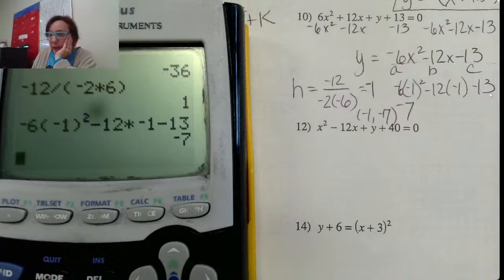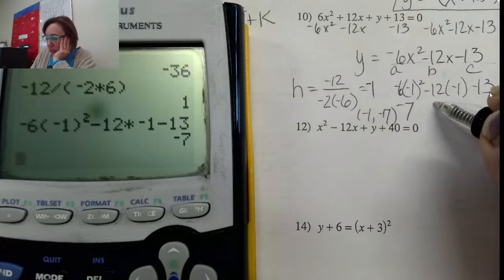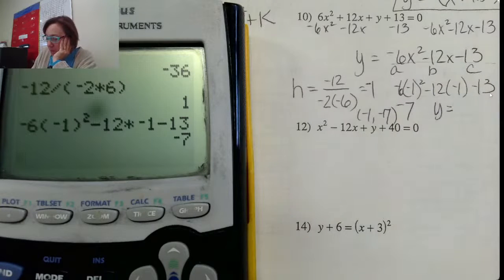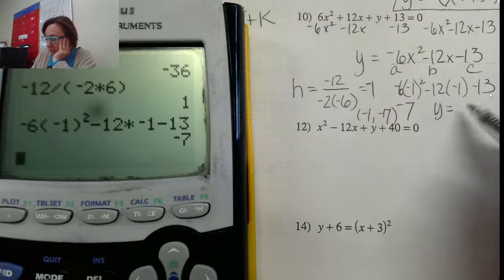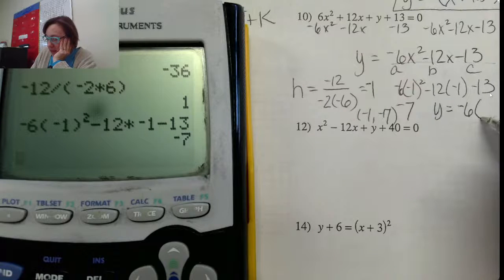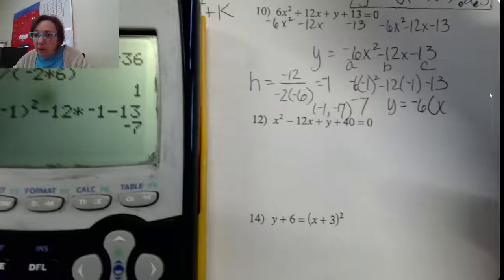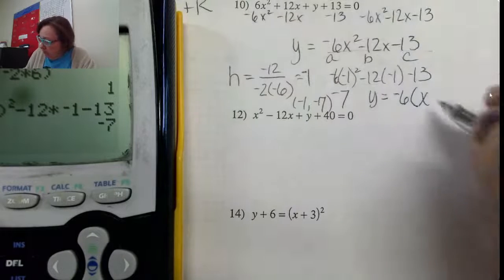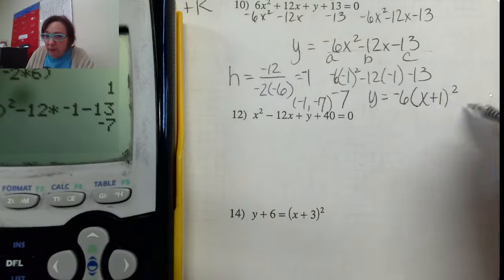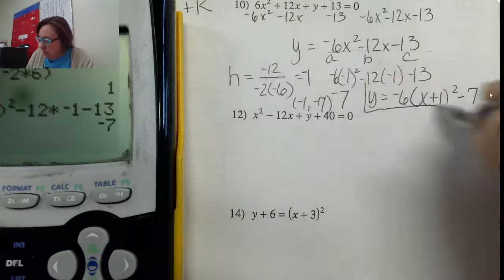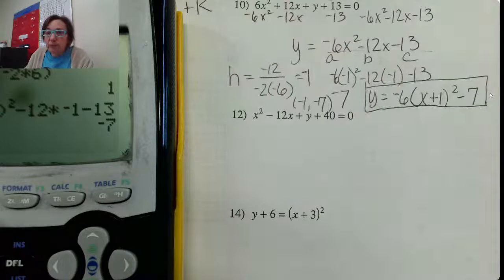And so when we get ready to write our vertex form, we're going to have y equals, what was our a? -6, parentheses, x what? So +1 squared, and then what? And that's it right there. That's the whole thing. That's our answer.